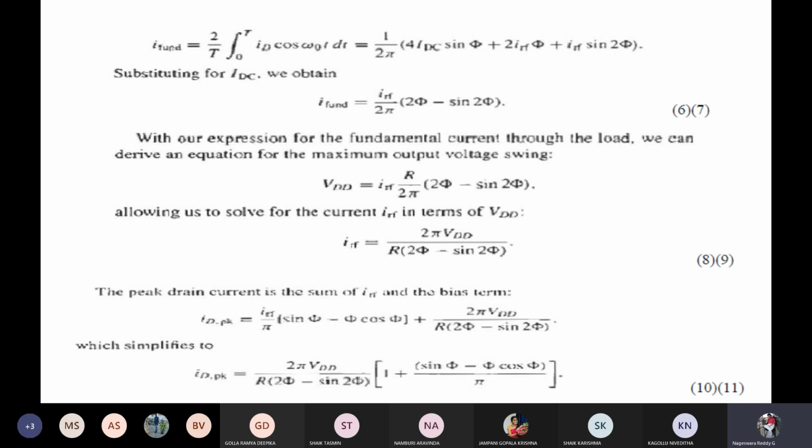So IRF in terms of VDD is equal to 2 pi into VDD by R times 2 phi minus sin 2 phi. You can observe the peak drain current is equal to IRF by pi times sin phi minus phi cos phi plus 2 pi into VDD by R of 2 phi minus sin 2 phi, equations 8 and 9.